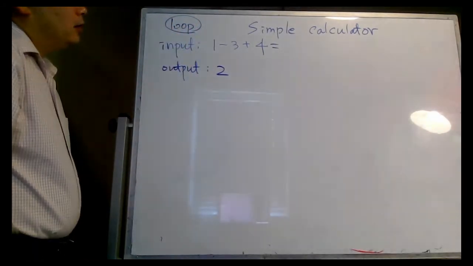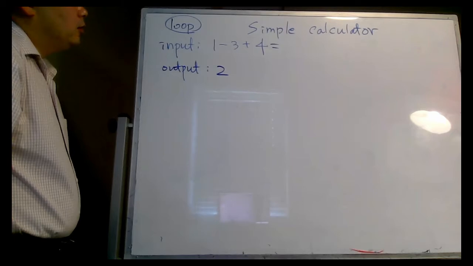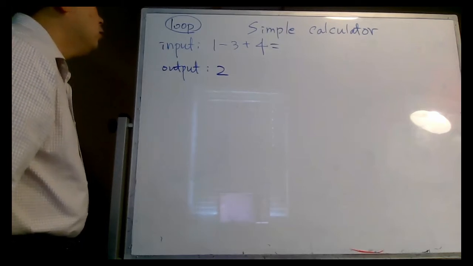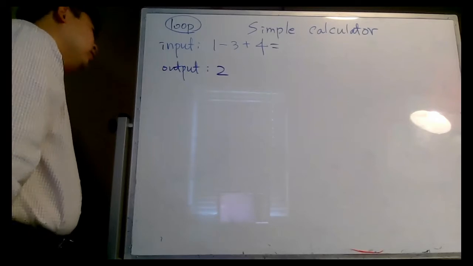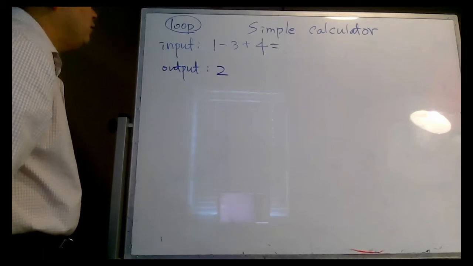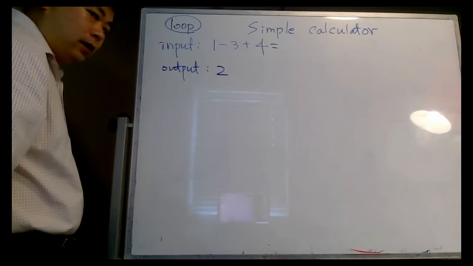Okay, then we have to decide what should be inside the loop. What would be the unit of the things that has to be repeated?